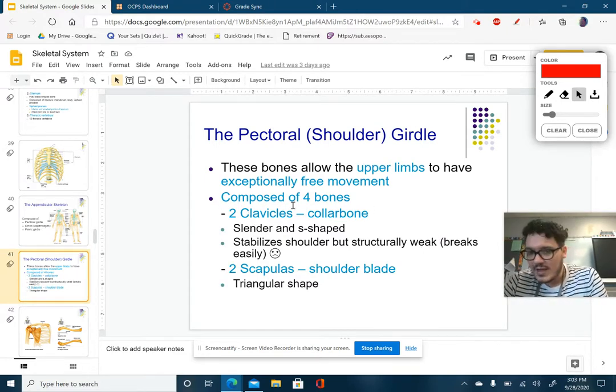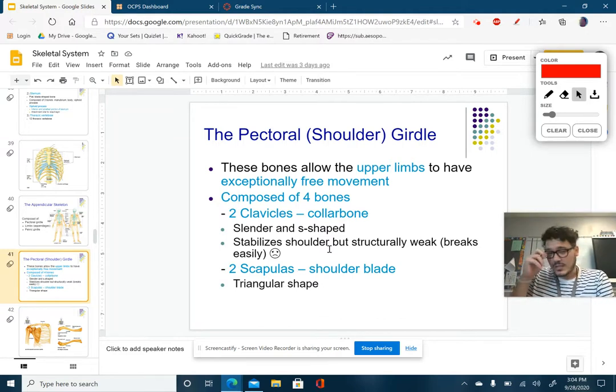What are the bones that we find here? Well, we have the clavicle, which is going to be your collarbone. Literally, if you're wearing a t-shirt or any collared shirt, it's where your collar is. So your collarbone or your clavicle, I would make sure you know either name. It is this S-shaped structure. It does an amazing job of stabilizing your shoulders. So your shoulders are supposed to be even on both sides.